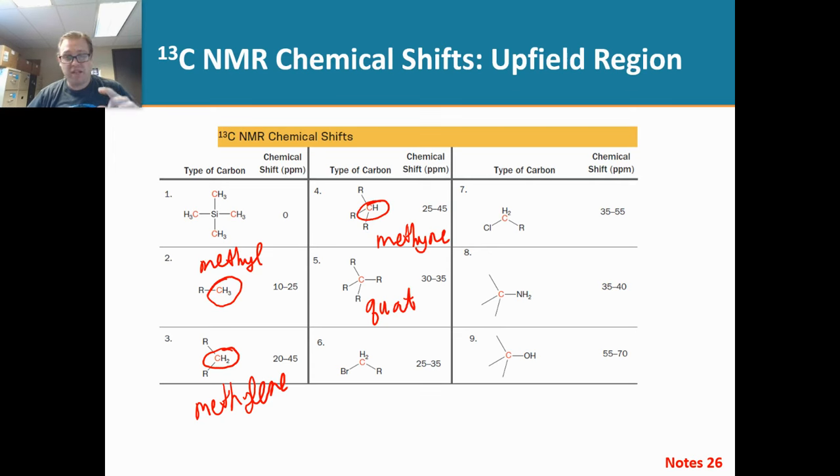And you can see each different type of carbon, from a methyl all the way to the quat carbons, has different chemical shifts. So these chemical shifts will help us to predict our NMR.